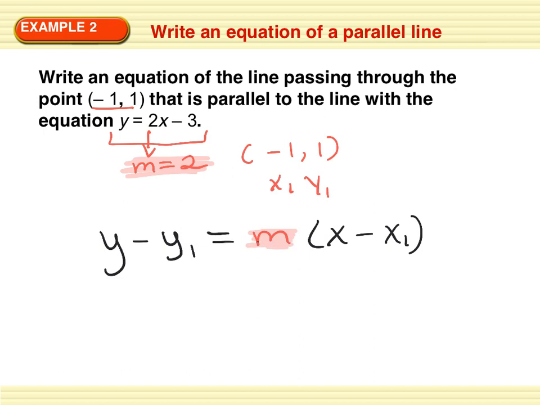Then I'm going to take the x1 and put it right here, and then the y1 and put it right here. So let's fill in. So y minus, and then my y1 is 1. My slope was 2. My x1 is -1.